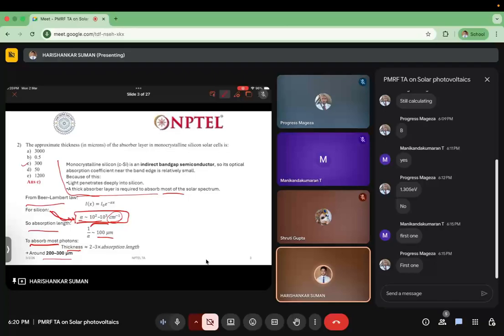A micrometer order is sufficient, but let's say we proposed a material with centimeter thickness. A centimeter thickness is not used because our charge carrier diffusion length is not that much.